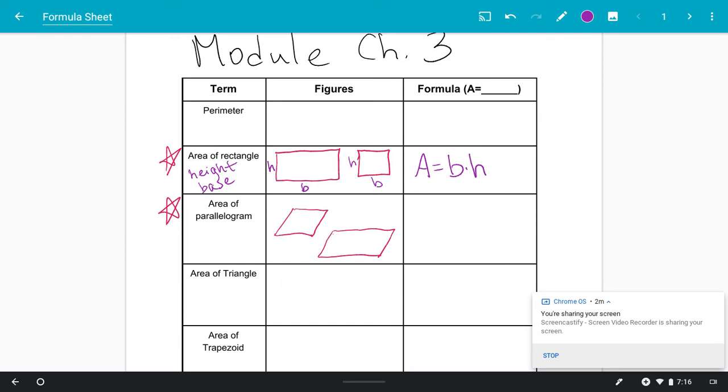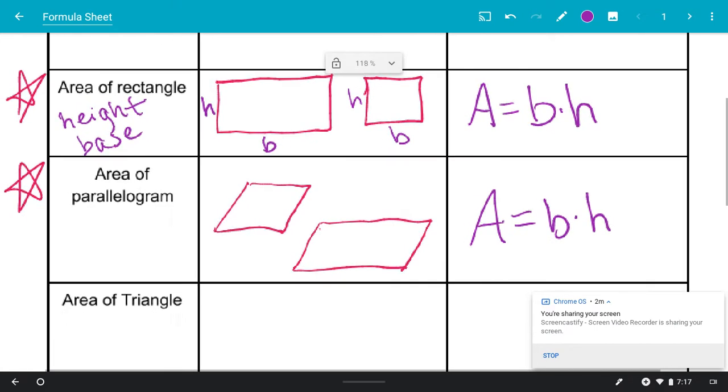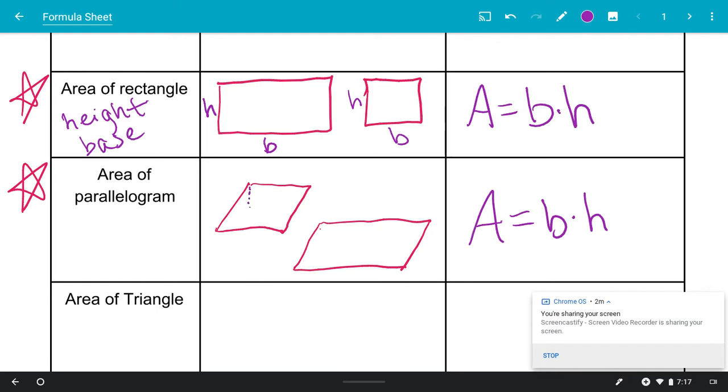This is going to have the same formula, base times height, but this time the base and the height are going to be the things that make a T. So for example, this is going to hit perpendicular to the bottom. This is going to be the base and this will be the height. So notice they make a T. The two that make a T are the things that you multiply.